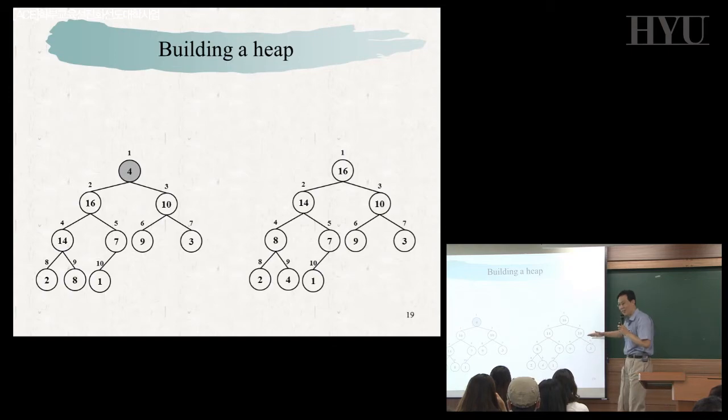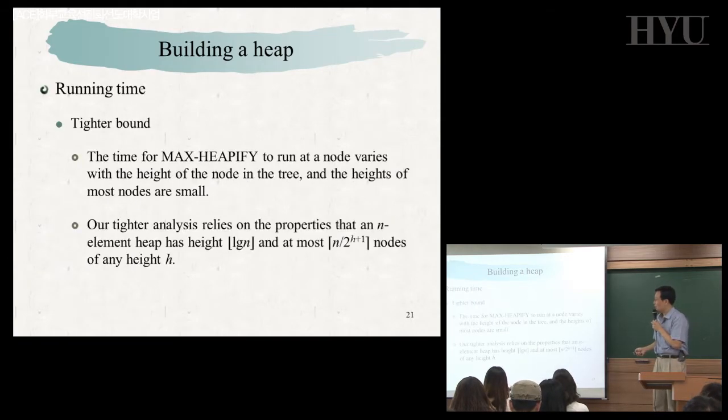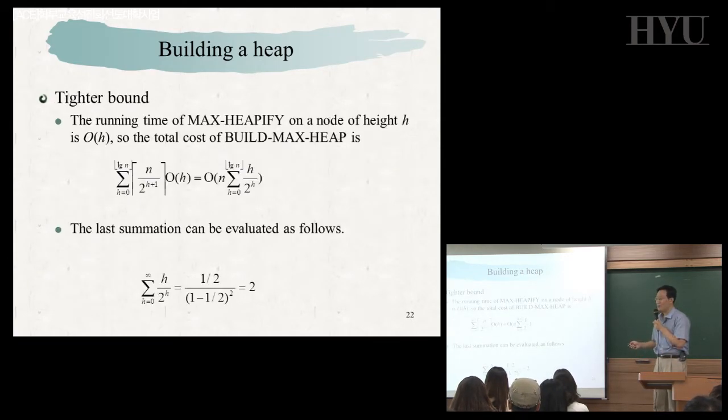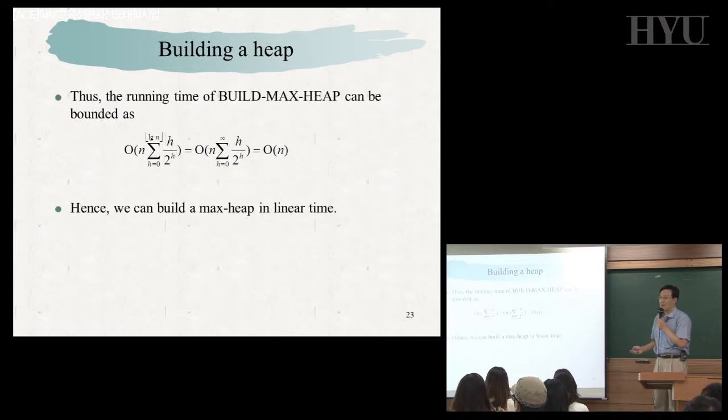So usually the height of sub-tree in lower level nodes is 0, 1, 2, so it's very small. So if you consider that in calculating the running time, it becomes big O of n.